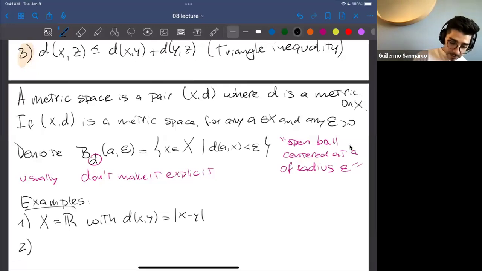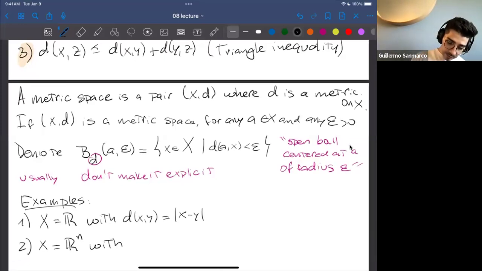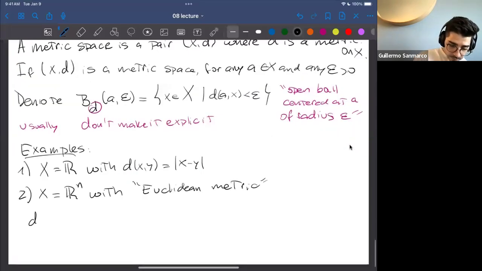Now, a more general version of this is you can take R to the n, and you can consider what's called the Euclidean metric or distance. So the distance from x to y in R to the n, points are tuples.